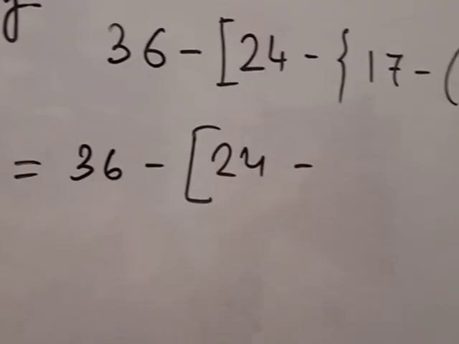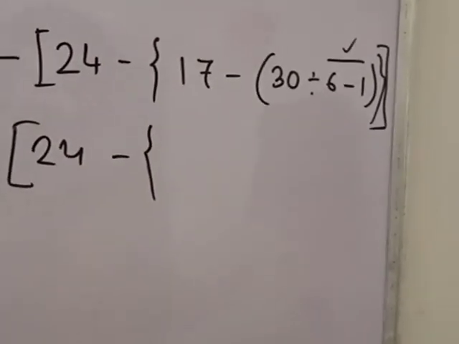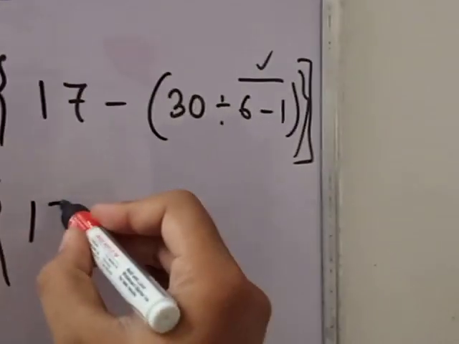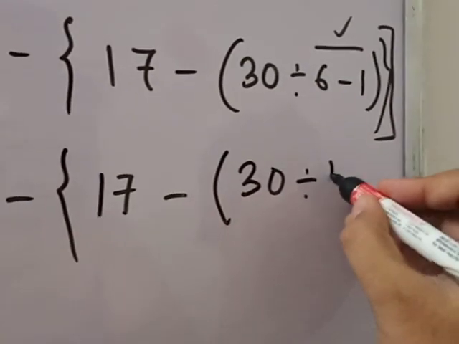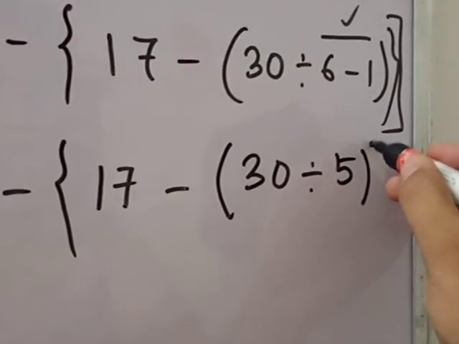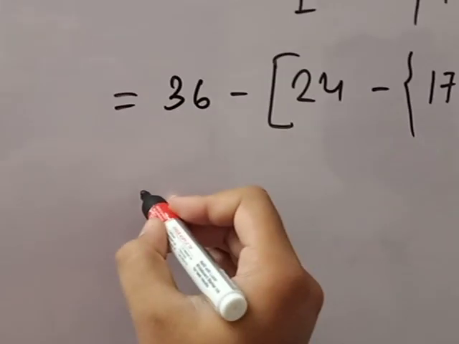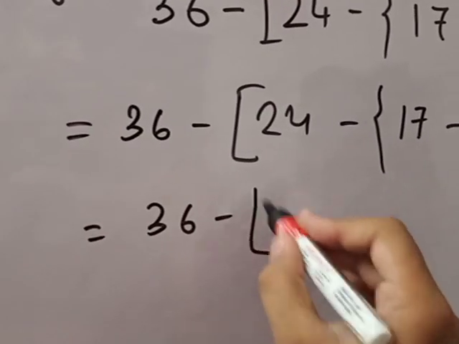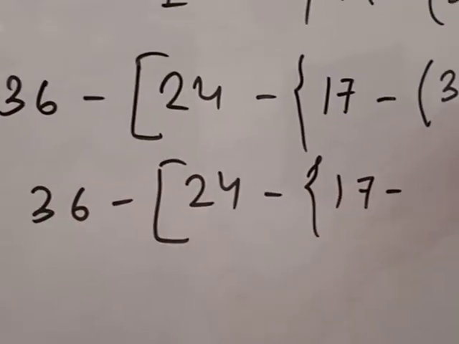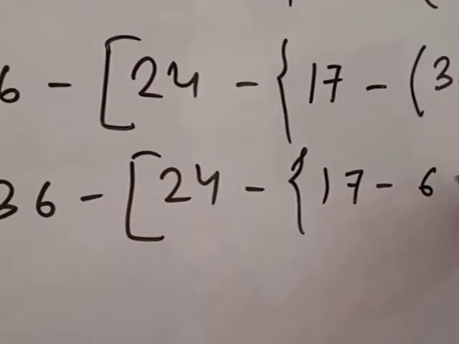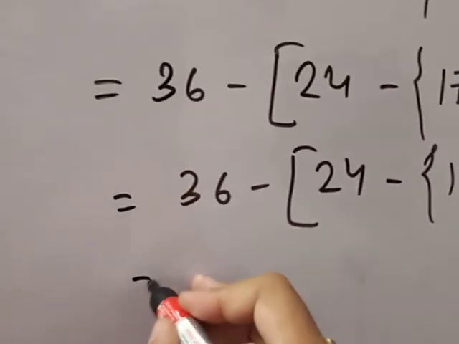As per the order of the sequence: bar, first bracket, second bracket and third bracket. 6 minus 1 is 5. Now the other brackets. Next, 30 divided by 5 is 6. So one bracket is closed.